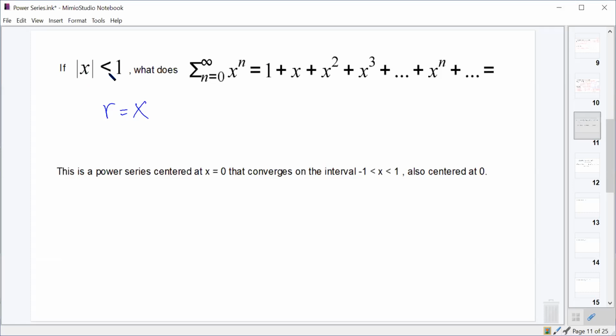So that would tell me that if the absolute value of my common ratio, x, was less than 1, this series should converge to something, right? And it should still converge to a over 1 minus r, because this is still a geometric series. If absolute value of x is less than 1, and r is x, what is a? A should be our first term still, which is 1.